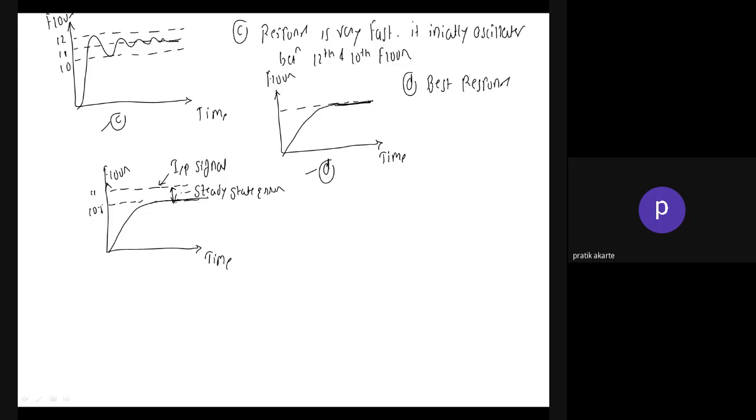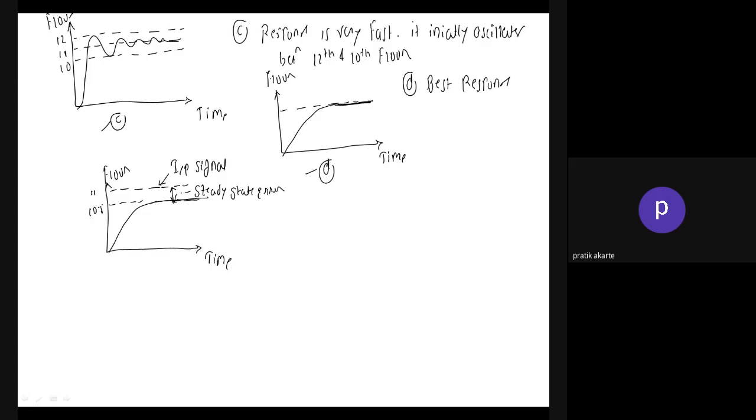In life also, I want to be a successful person or a good engineer, I should have a good job. That is the input signal, what we are expecting. But I'm not that competent to get that particular job.